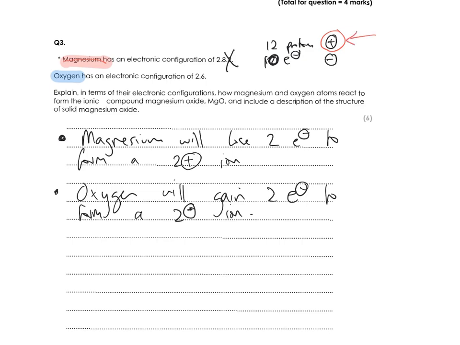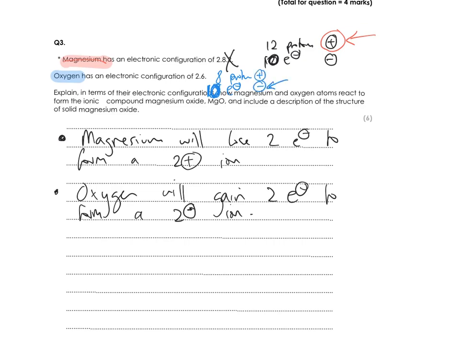For the oxygen, that has 8 protons and 8 electrons to start with, but it gains 2 electrons, so that goes to 10 electrons, so that now has more electrons than protons, so it's negative overall.